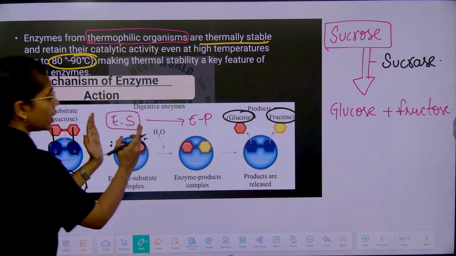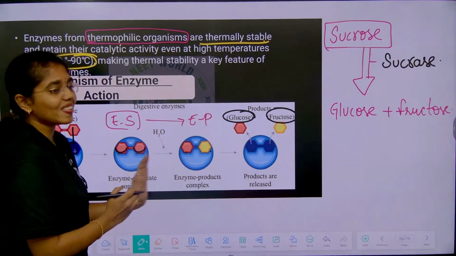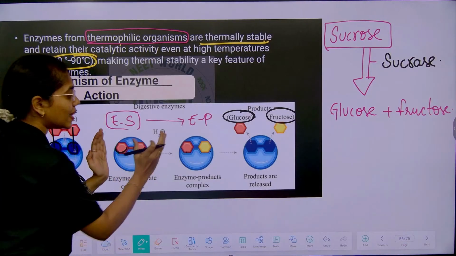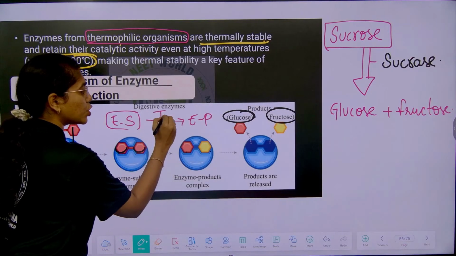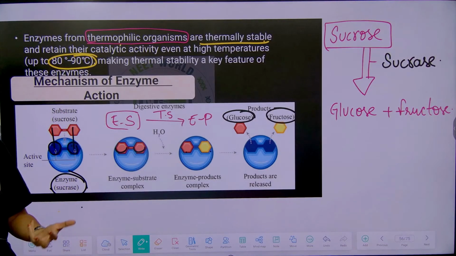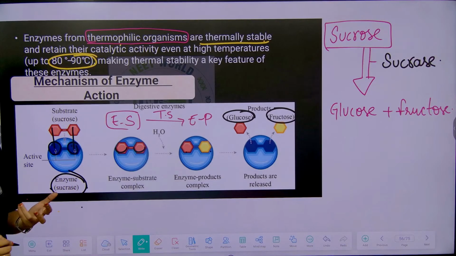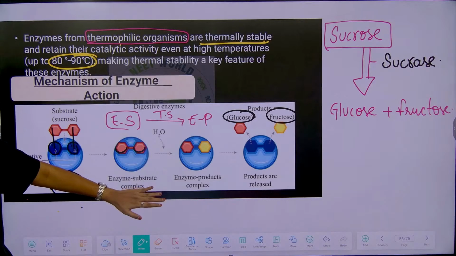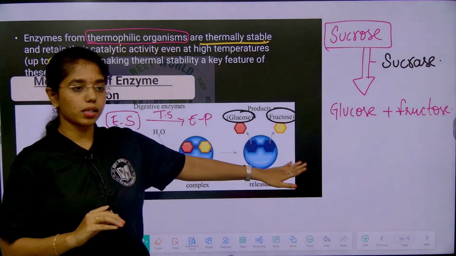The change from ES to EP is a transient phenomenon, and it is reversible. This state is known as the transition state, for which energy is required, known as activation energy. That activation energy is more in the absence of enzyme and less in the presence of enzyme. Got the point? And at the end the products are formed.